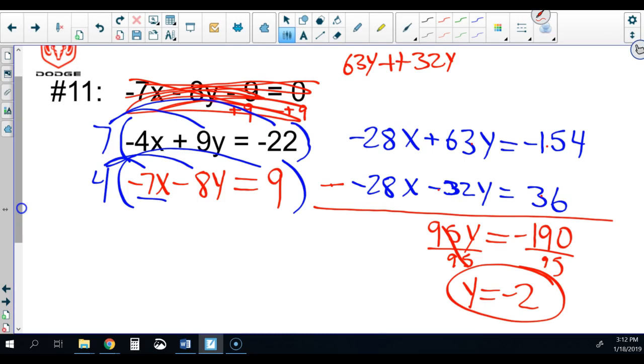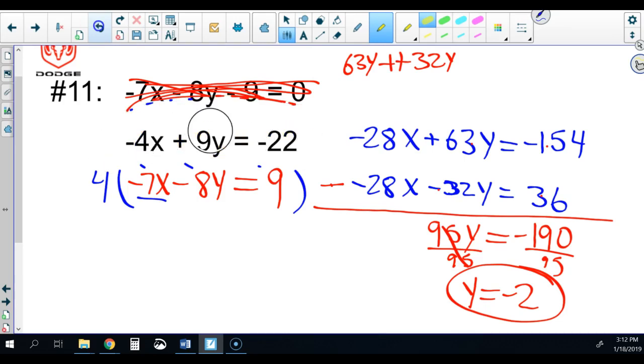For the second half, I need to go back to any one of the original equations. I can even go back to the equations they gave me to start with. I don't have to use my blue equations over here. I want to choose the smallest one, and it looks like this here is the smallest one. Take that equation.